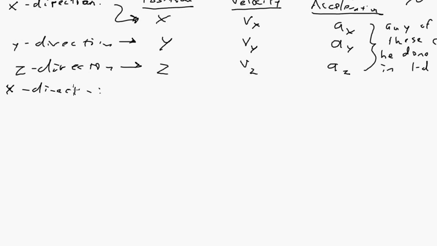we can say x equals some initial x plus v sub x 0, which I'm going to say is v. You can do v0 sub x, vx sub 0, it's your choice. Times time. So this is the movement we have due to our initial velocity, and then 1/2 a sub x t squared.